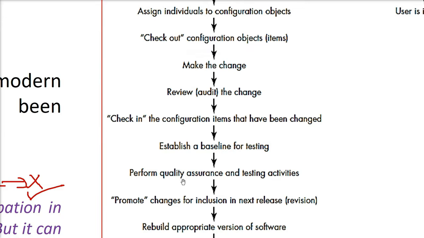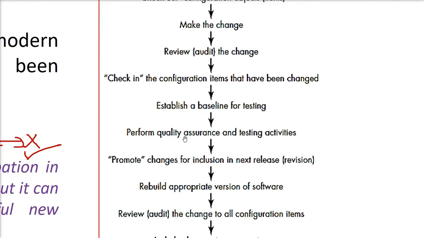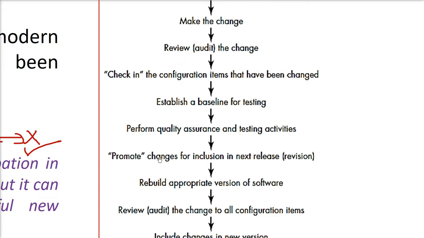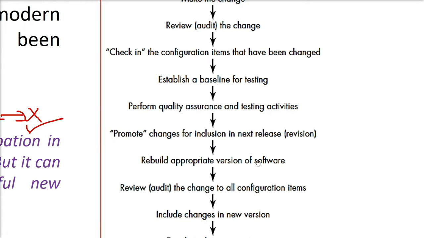We do all the quality assurance and testing activities. And now for the next release, next revision, we promote the changes in order to include them in the next release or next revision. Then we rebuild the appropriate version of the software, because the new release has to be made.